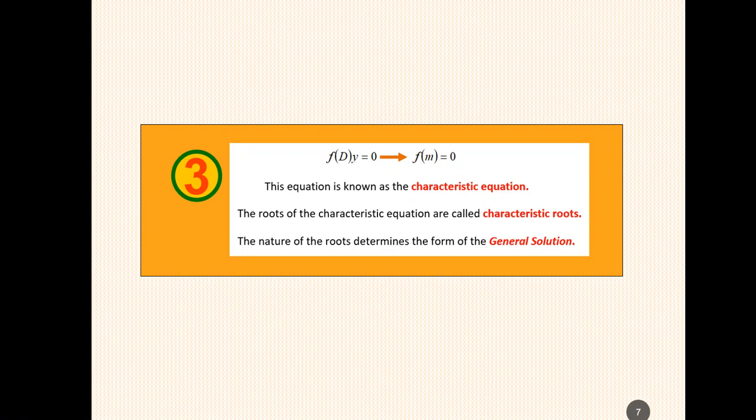All you have to do is know how to determine roots of polynomials, because your f of D here, which was changed to f of m, is actually a polynomial with respect to D in the case of f of D, and in here a polynomial in terms of the variable m. So it's f of m.